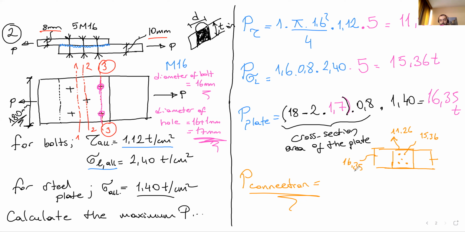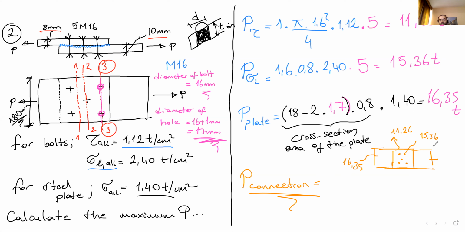I know most of you will make a wrong decision in the exam. Okay, I'm gonna ask this question in the exam. So please think about the logic. If you can see the capacities 11, 15, and 16.